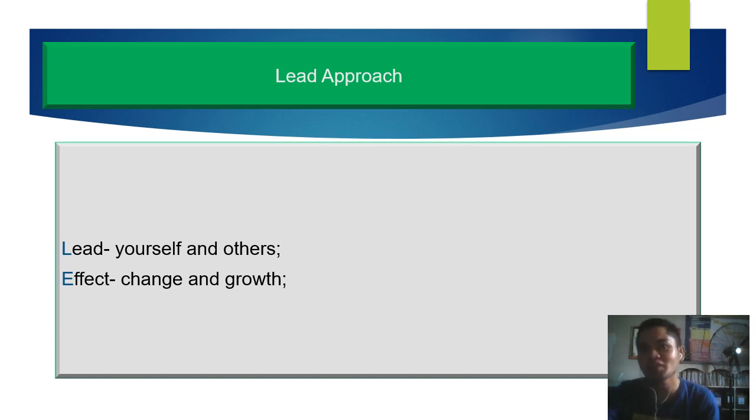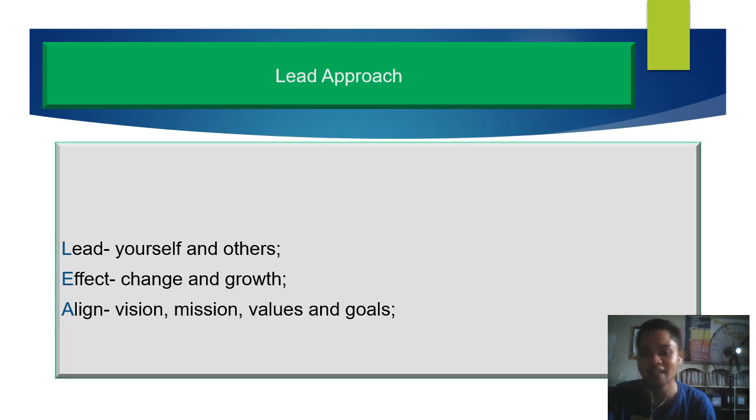As a 21st century learner, it is important for us to stand on our own, like yourself and others, in how you communicate and how you collaborate with your friends. It's quite different from this moment, where the pandemic arose and we are not allowed to gather or have face-to-face classes. But this is actually applicable to how you manage yourself with your family members. So lead yourself and others.